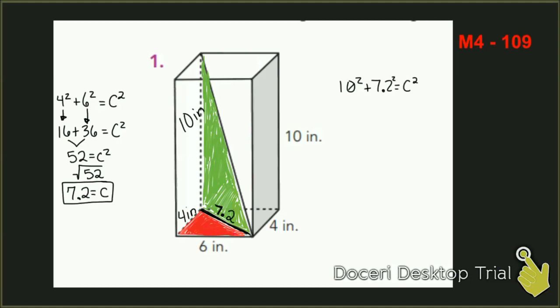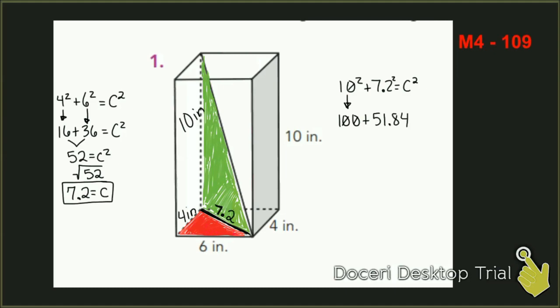So now we're going to do some multiplication. So 10 squared, or 10 times 10. Everybody, what's 10 times 10? So we have 100 plus. I'm going to give you a second. Go ahead and square 7 2/10. Okay, and when we square 7 2/10, we get 51 84/100.